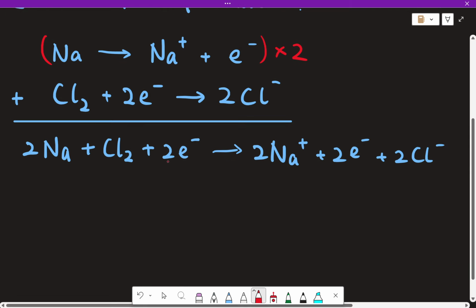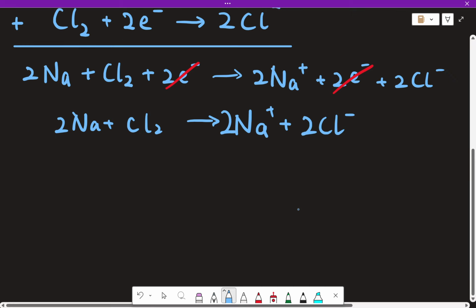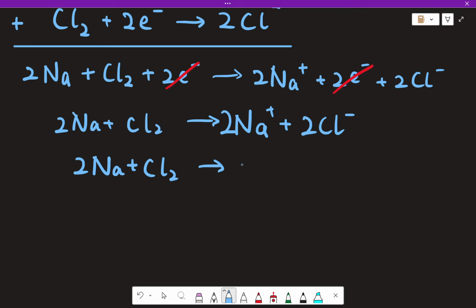And we can cancel out the 2 electrons on both sides. So we would have 2 sodium atoms and chlorine gas forming 2 sodium cations and 2 chloride anions. And we can combine the products on the right side of the arrow, which would give us 2 sodium chloride.